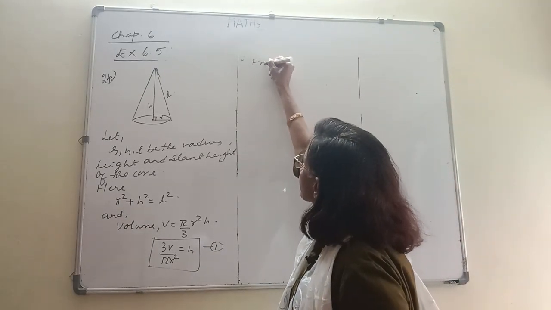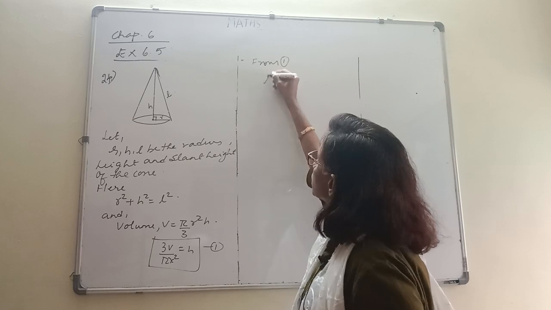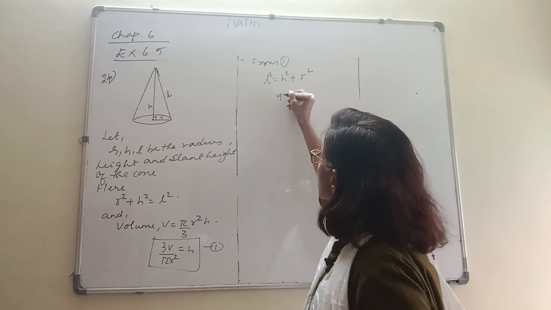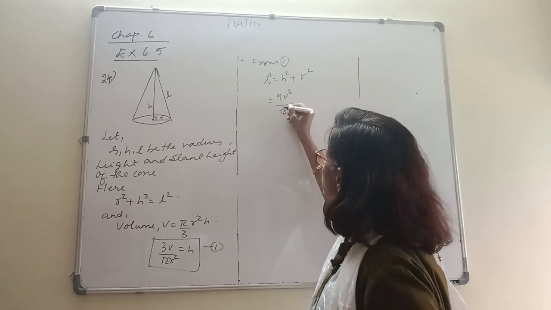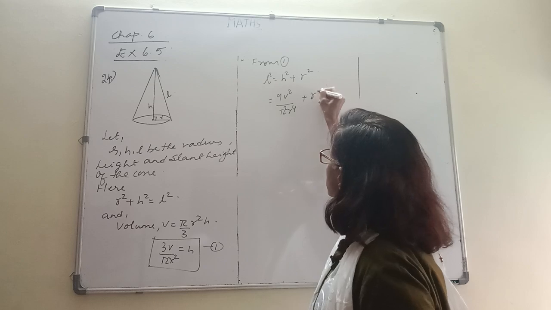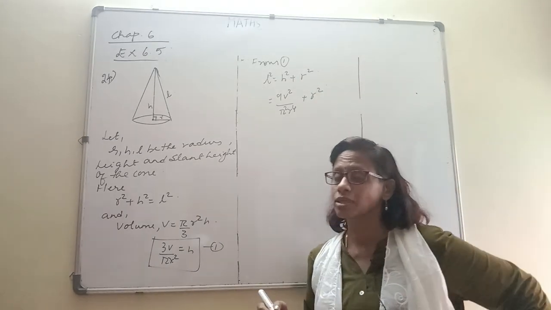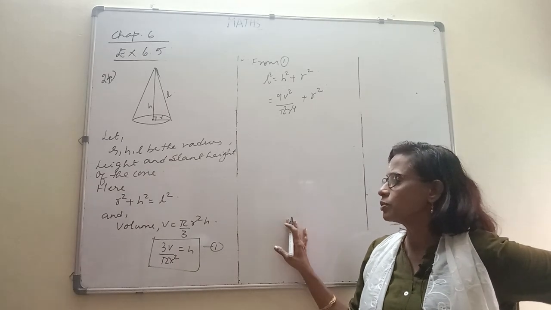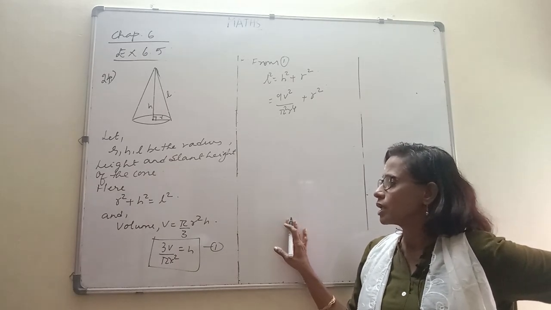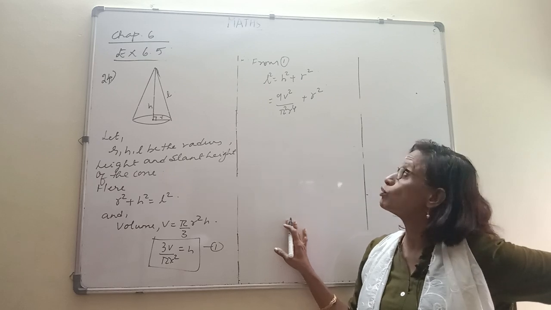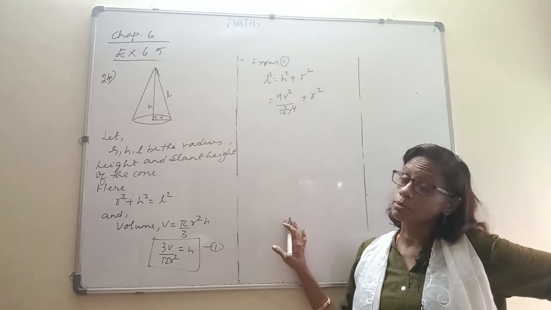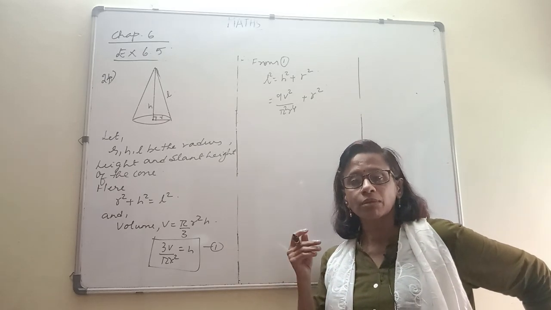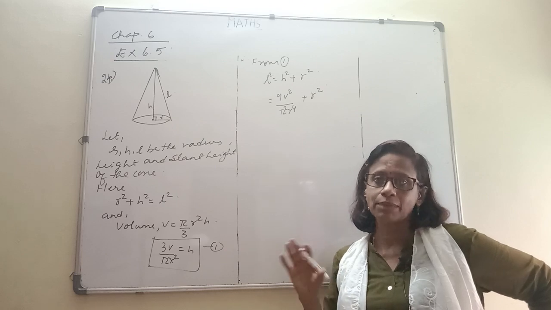Substituting for r squared is not going to make us comfortable. If we would have substituted for r squared, then we would have got 3V over pi h for r squared, and then you have to square it. That will be very messy. So both ways it's correct, but we try to do a substitution that will be less messy, so that you don't have to mess up the work.